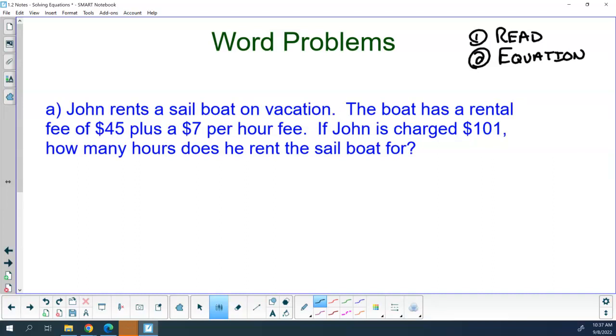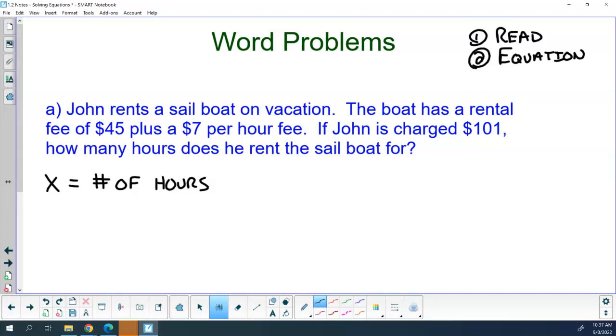Number of hours that he rented the boat, right? So that's going to be our variable. Favorite letter? X. Okay, that's fine. So X is going to be the number of hours that we rent.